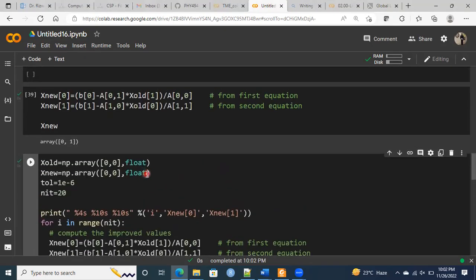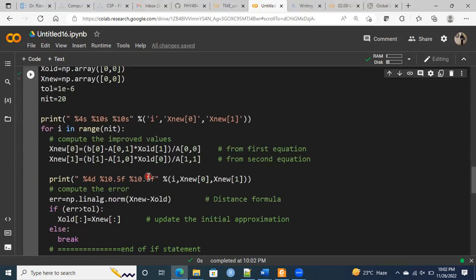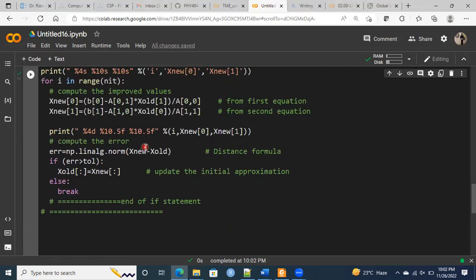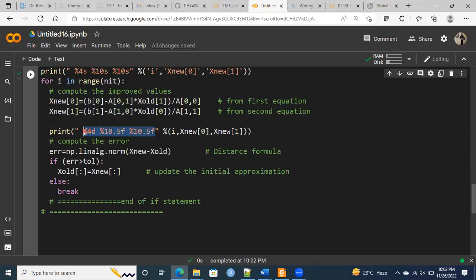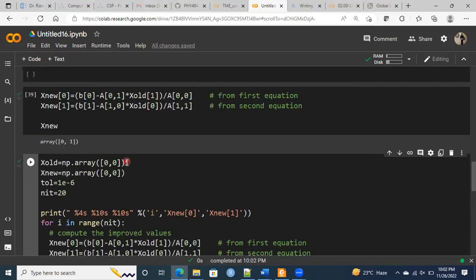If I again remove this one, we will see that the calculations will be performed in the integer mode, and only a few iterations will be performed, and the points are only written due to this F floating point format. So that was the error. In our calculations, we have to consider the floating point operation.